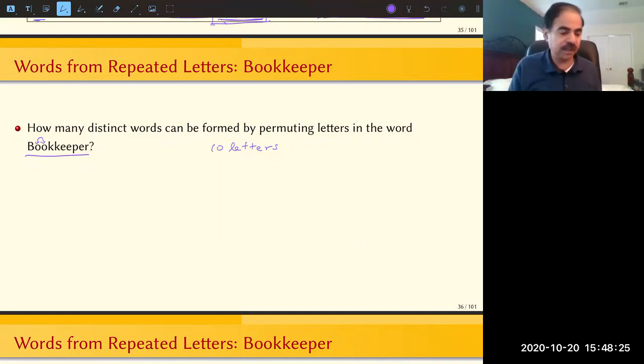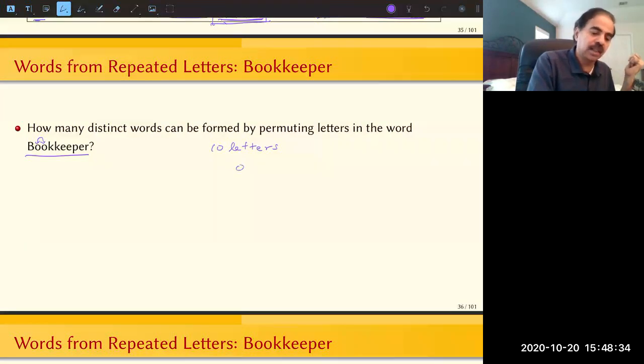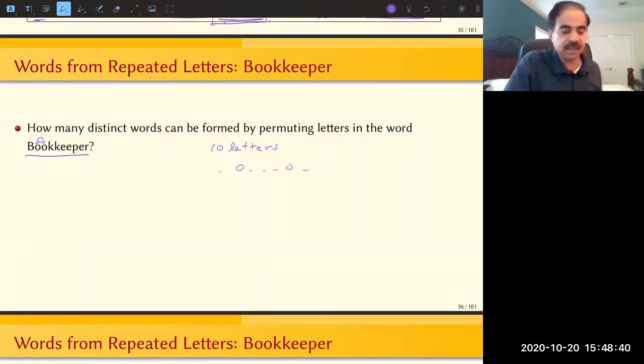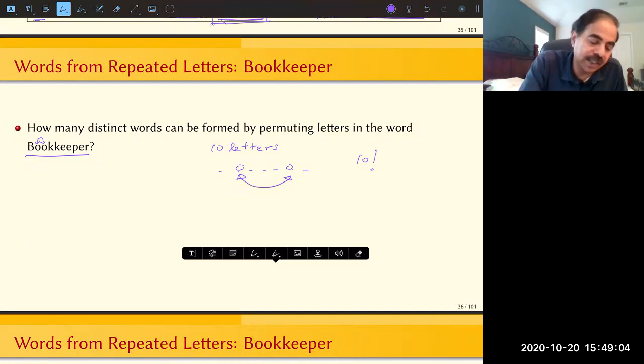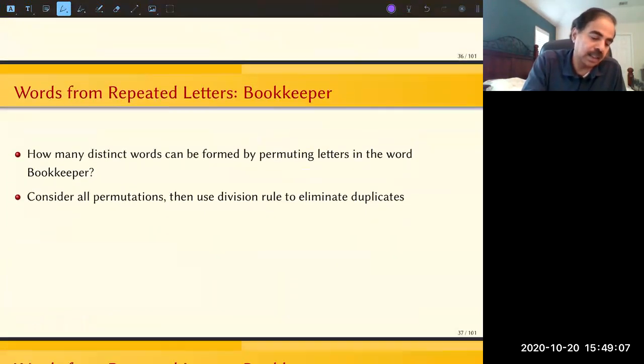When the two O's are switched around, we can't tell the difference, which means that each time we see an arrangement which contains O in two places, let's not specify what else is anywhere else, this exact sequence is going to be occurring twice if we look at the 10 factorial permutations. This is because the 10 factorial thinks as if this O is different from that O, right? So because of that, we have to divide it by 2 factorial and so on.